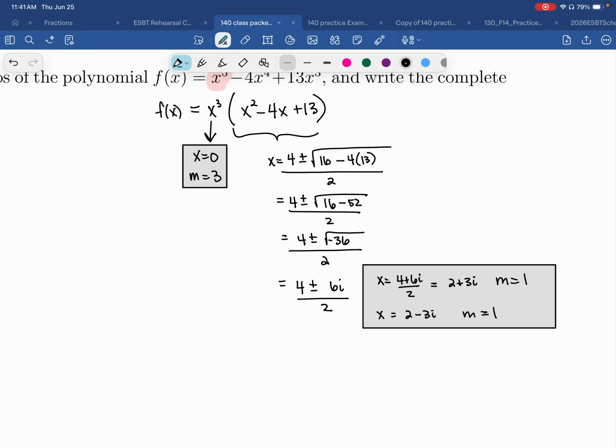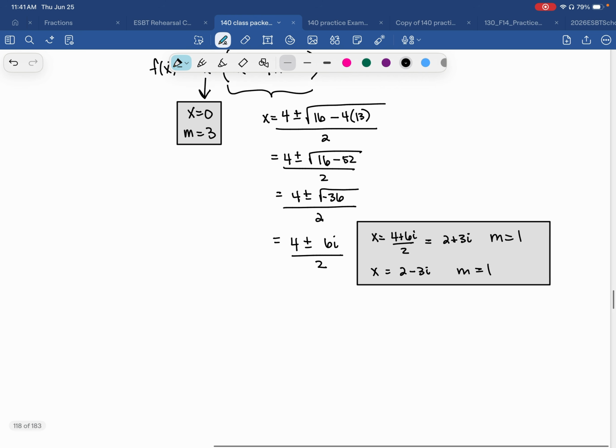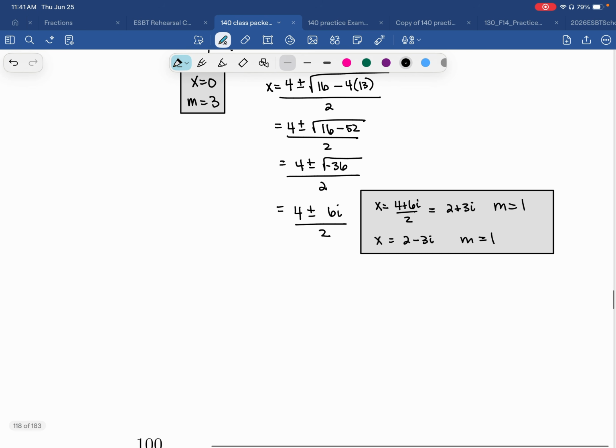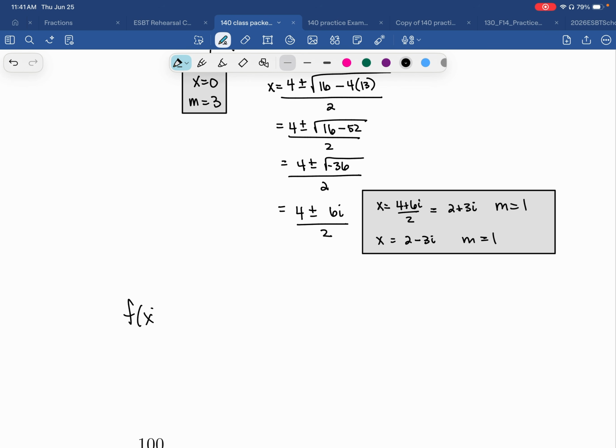Now we're going to use that to write our complete factorization. There is no a value because there's nothing in front of our x to the 5th. There's just a 1 there, so our a is 1. So f of x equals x minus 0, which is x to the 3rd, and then x minus 2 plus 3i and x minus 2 minus 3i.